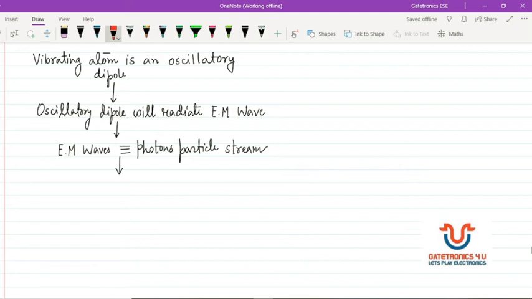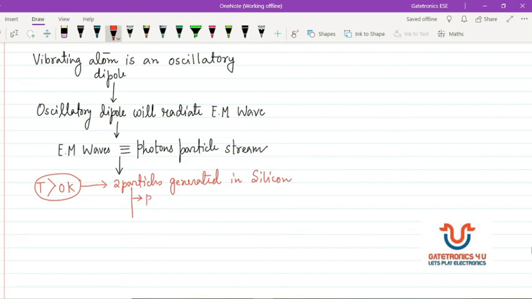So at temperature T greater than 0 K, there will be two particles generated inside the silicon crystal. The first particle that has been created is the phonon, and the second particle is the photon.